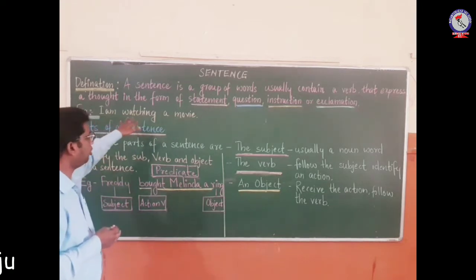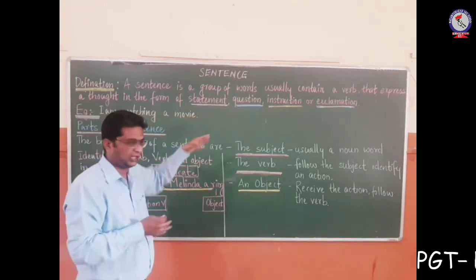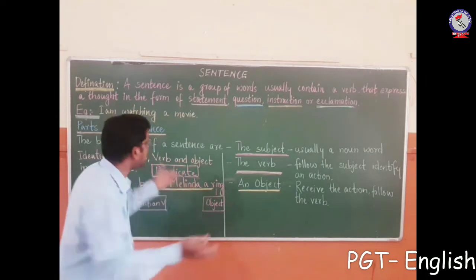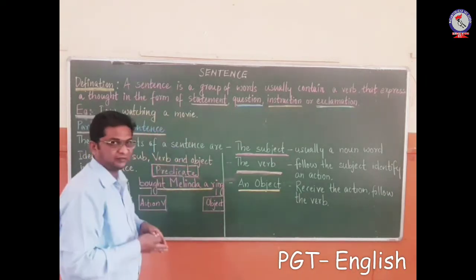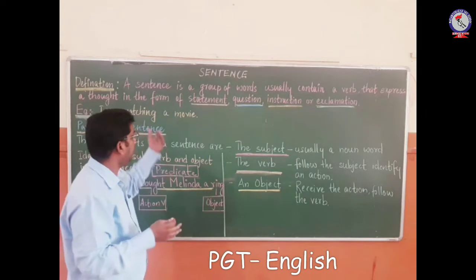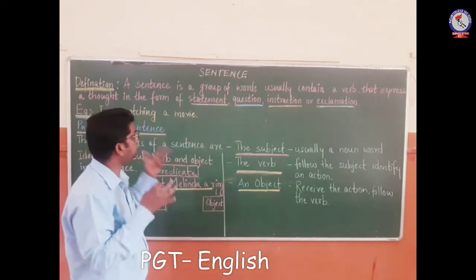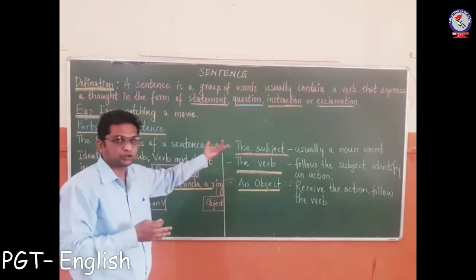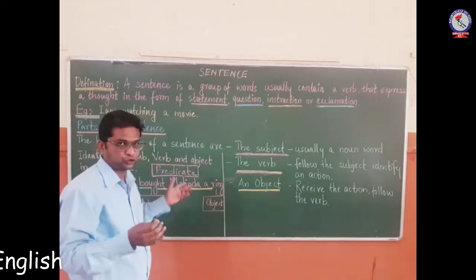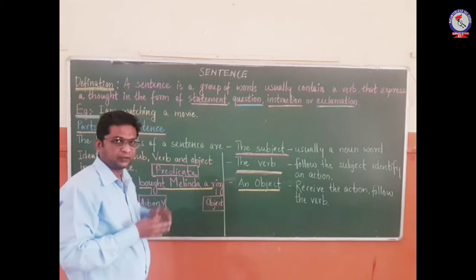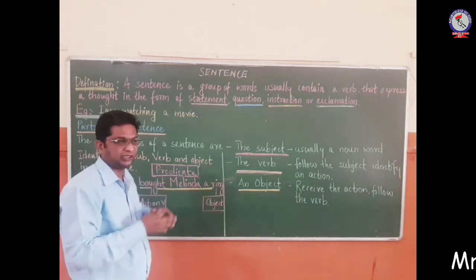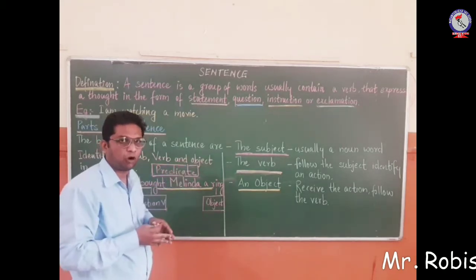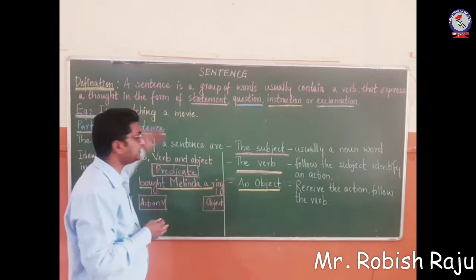I am watching a movie. Now this is a sentence. It is a collection of words that convey meaning, that convey some sort of statement or question or instruction or exclamation. So hence a group of words collectively can be called a sentence.